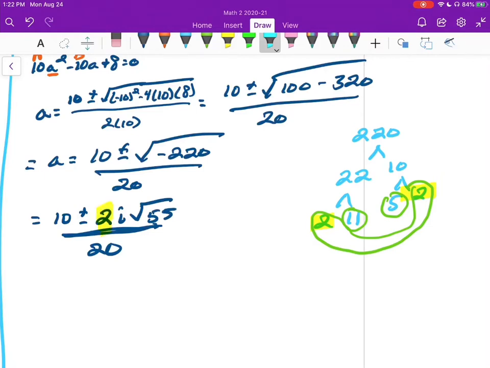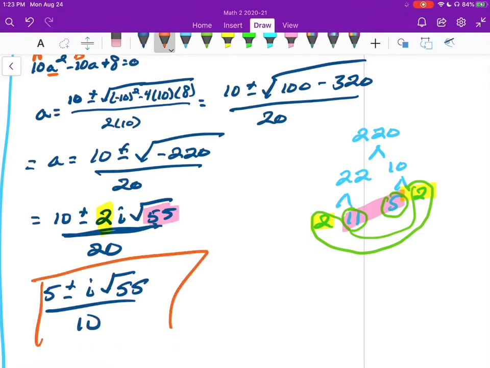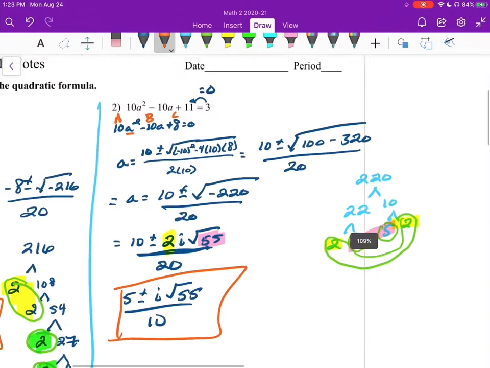And then my 5 and my 11 make my 55. Now, just like in number 1, we've got to do that little bit of canceling right at the end. We have a 10, a 2, and a 20. They can cancel, and I get 5 plus or minus i root 55 over 10. And that's my final answer for number 2.